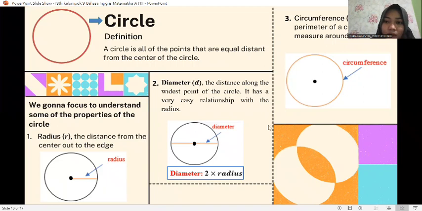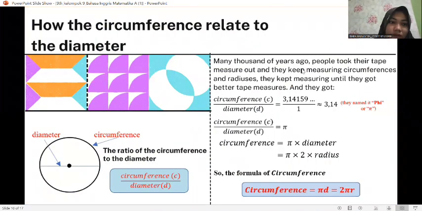Okay, three is circumference. Circumference is the perimeter of a circle, the measure around the circle. Next, how does the circumference relate to the diameter?